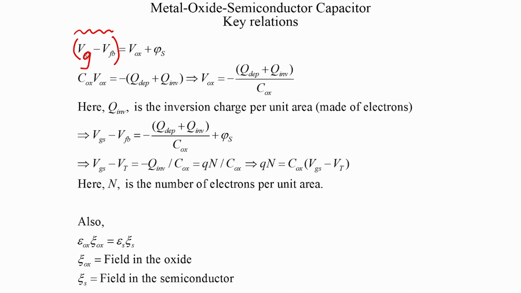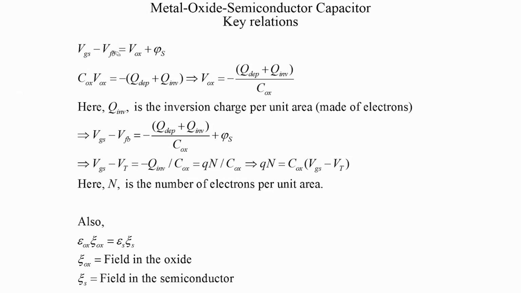When VG is equal to VFB, you have flat band; there are no voltage drops anywhere. But when VG is different from VFB, you start having electric fields in the oxide and in the semiconductor, and therefore some voltage drop across the oxide and the semiconductor.